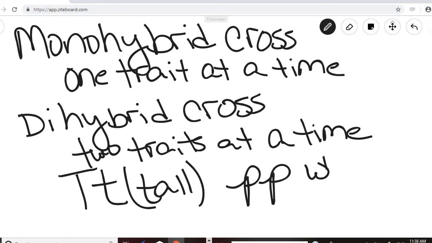So this is white. And then you might cross that with another tall white plant and see what the offspring would look like. So when you look at two traits at once, that is called a dihybrid cross.